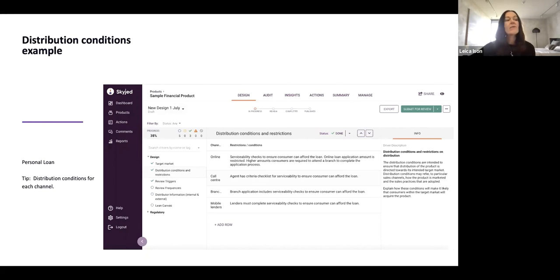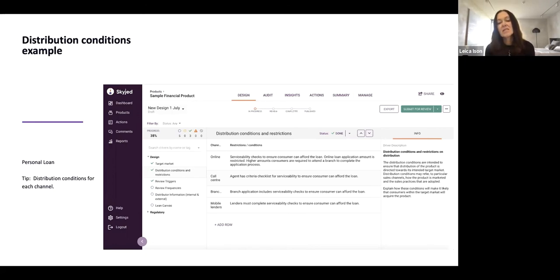So I start off here with the first step. I've listed out each of the distribution channels that I want to use for my product. I've thought about the cost effectiveness of those distribution channels to be able to reach my customers. And I've listed out 4 distribution channels here, you can see in this driver template.